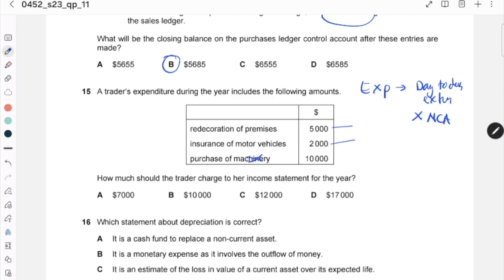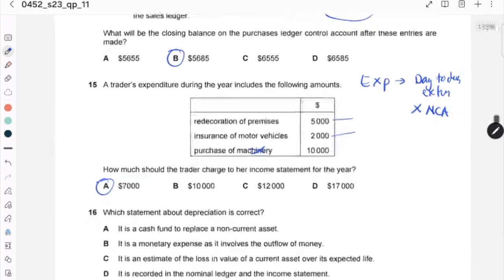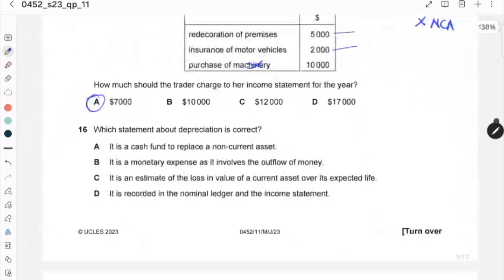Purchases of machinery is not for day-to-day activity. So how much should the trader charge in her income statement for the year? It is number A. Okay, we are going to 16.